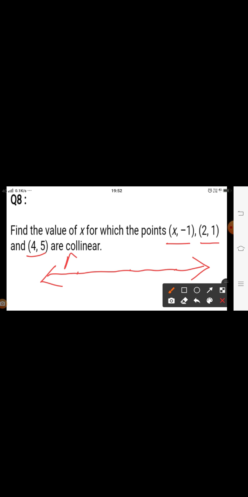If I take these 3 points as A, B, C, then what I observe here is that the slope of AB is equal to the slope of BC, because these two lines are parallel. The angle between these two is 0 degrees. It means that the slope of AB is equal to the slope of BC. If the points are collinear, which is given to you, we have to use this concept: the slope of the first 2 points is equal to the slope of the next 2 points.